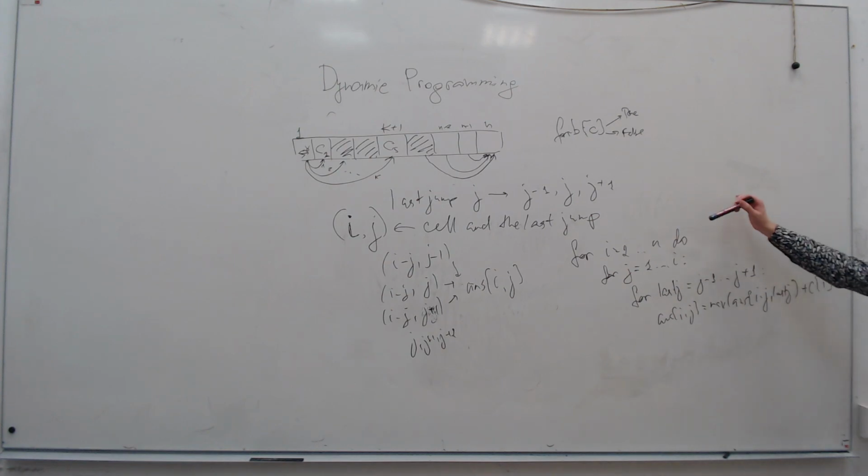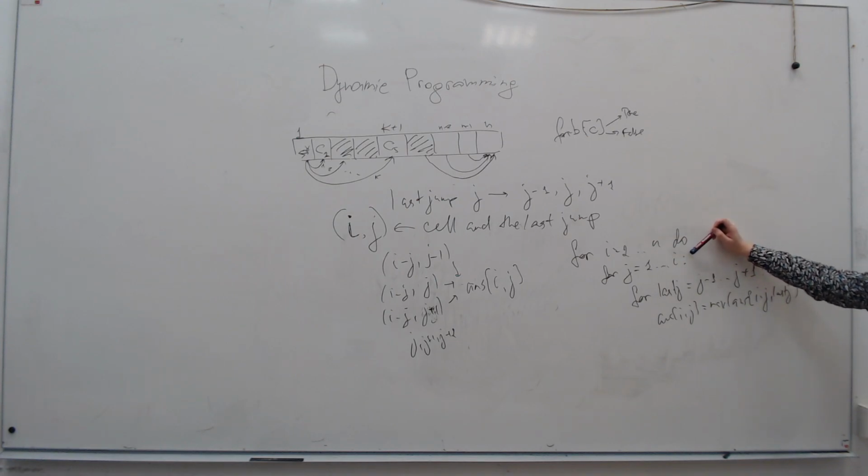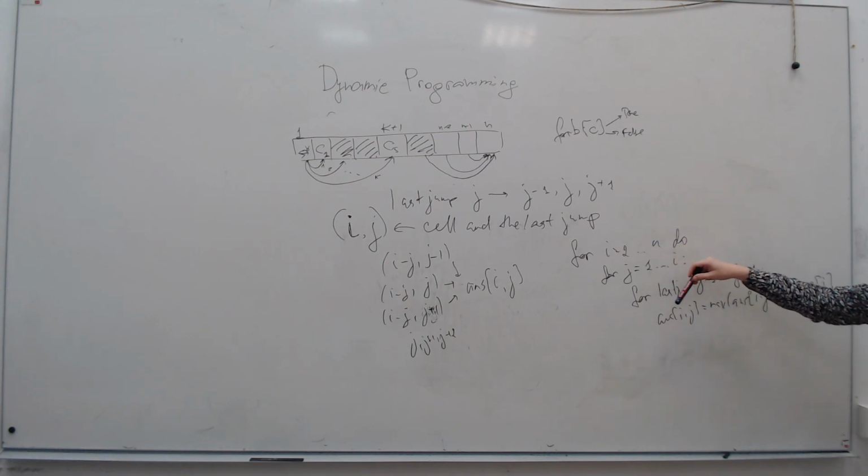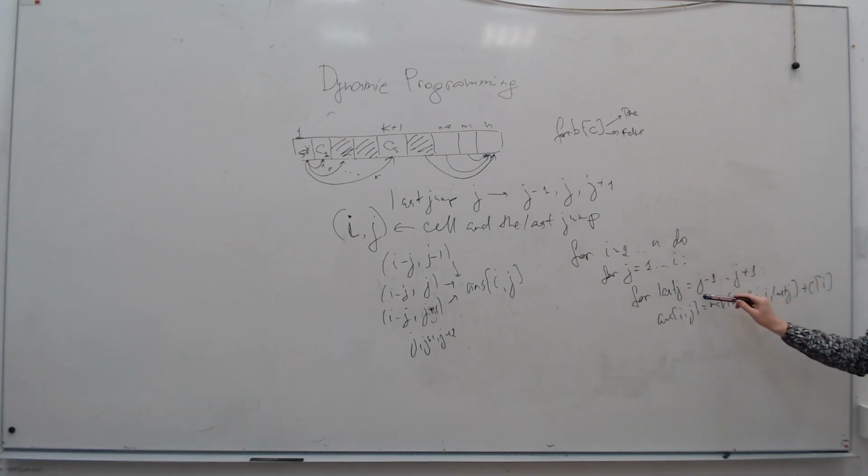So you iterate through all the cells, you iterate over the last jump, how long the last jump is, and then you consider what the jump was on the previous step. On the previous step, this jump can be only j minus 1, j and j plus 1, and you take the maximum out of them.